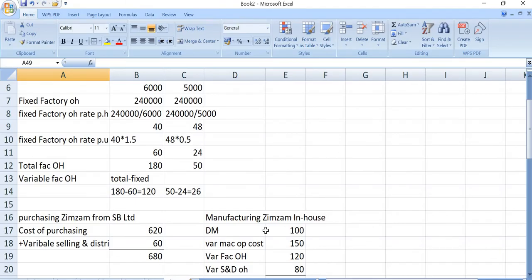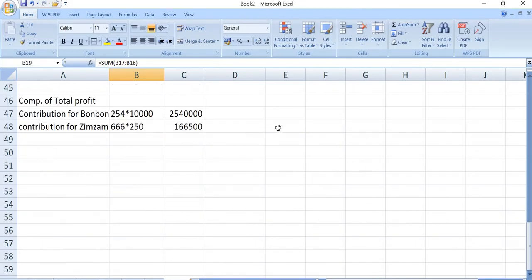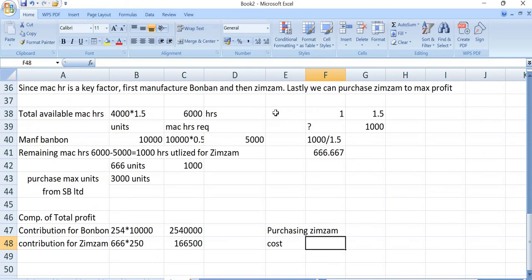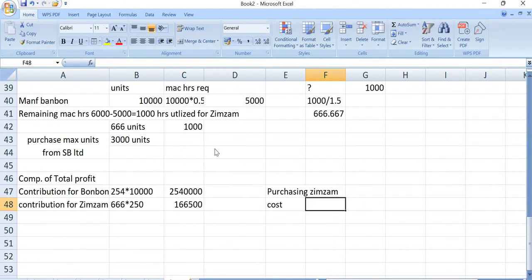If I am purchasing Zimzam outside, what will be the contribution I will be earning? So for purchasing Zimzam, cost which we already calculated here is 680 rupees, right? My selling price will be 700. So we are getting just 20 rupees as my profit.